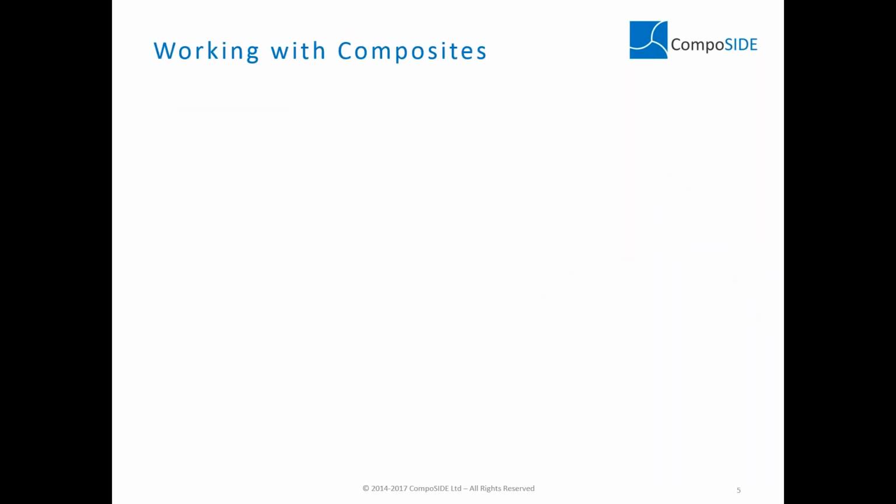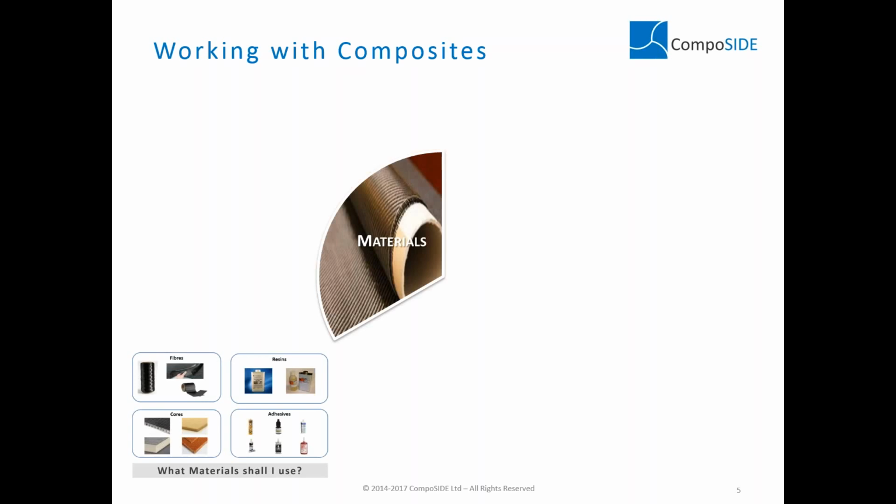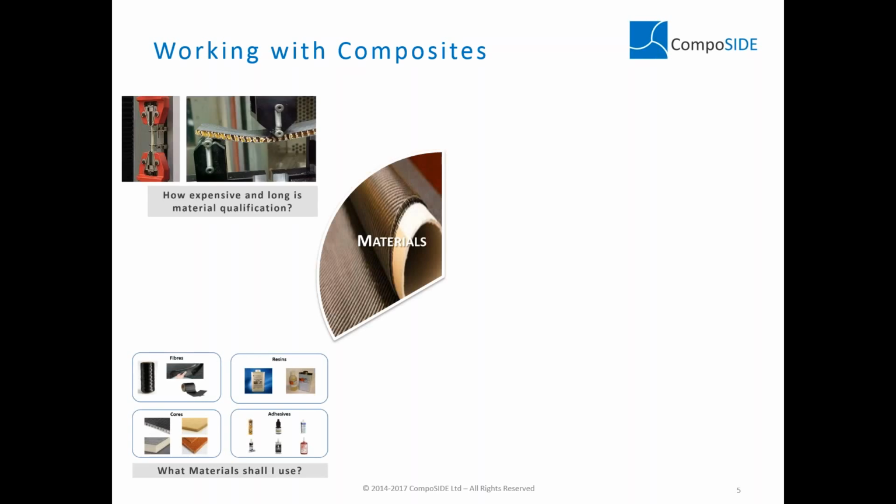Working with composites, it embeds 3 main categories. So working with materials, where the engineers have a large palette, and CompoSIDE is quite geared up to manage all those aspects. It's been dealt with in 2 webinars dedicated to our CMDB add-on and how much good material data helps you to start and develop your composite project, saving money during the development.